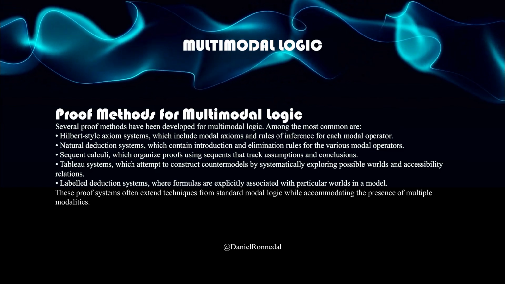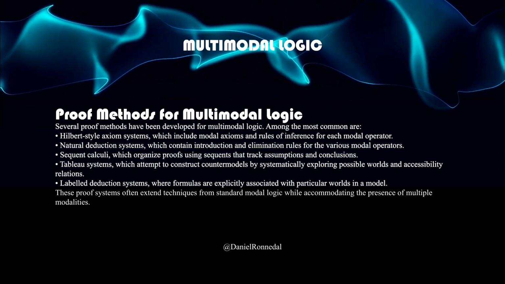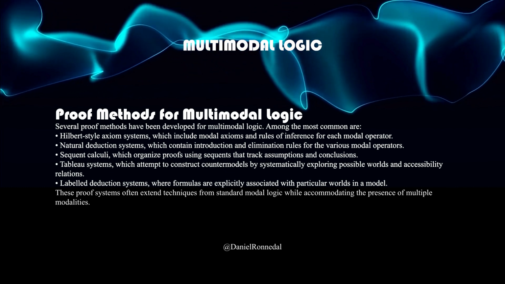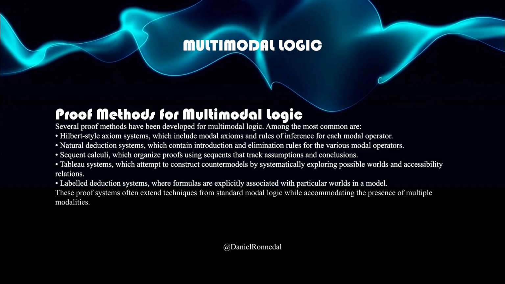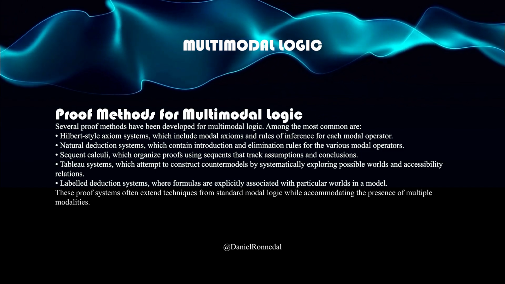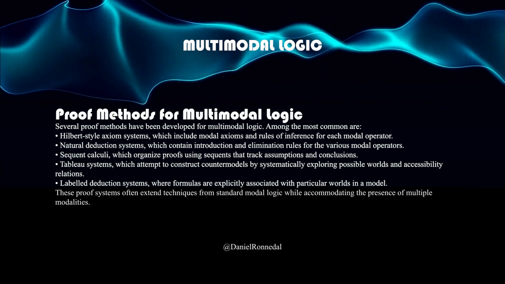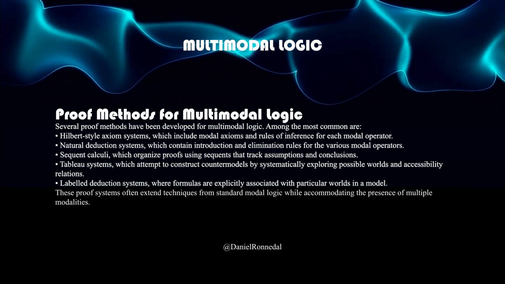Tableau systems, which attempt to construct countermodels by systematically exploring possible worlds and accessibility relations. Labeled deduction systems, where formulas are explicitly associated with particular worlds in a model. These proof systems often extend techniques from standard modal logic while accommodating the presence of multiple modalities.